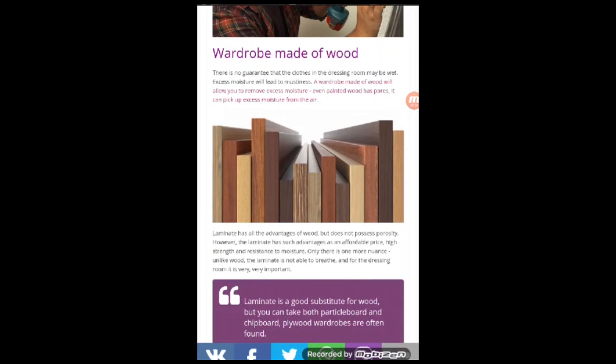There is no guarantee that the clothes in the dressing room may not be wet. Excess moisture will lead to messiness. A wardrobe made of this will allow you to remove excess moisture. Even painted wood has pores. It can pick up excess moisture from the air.